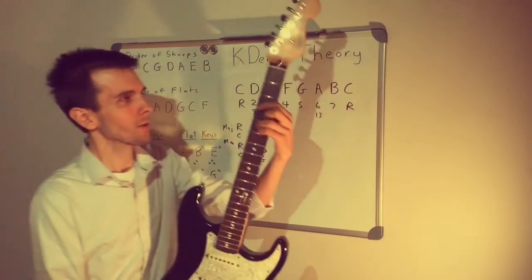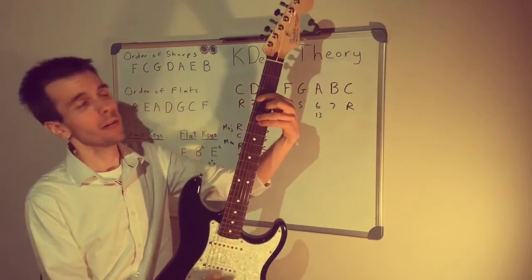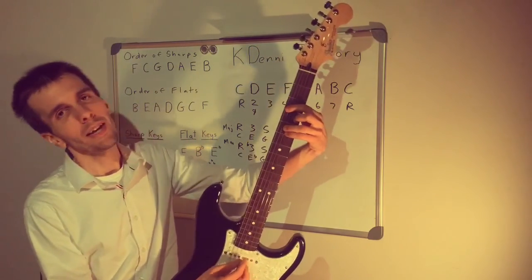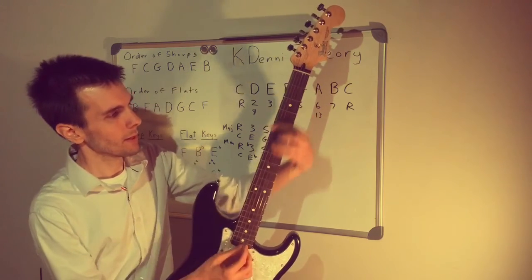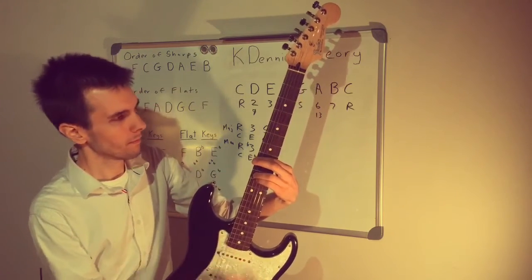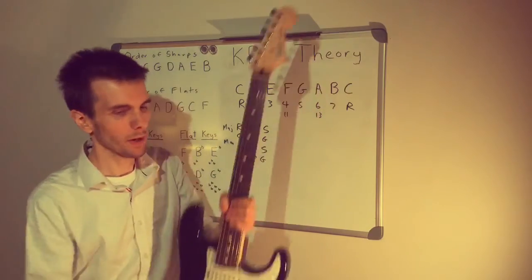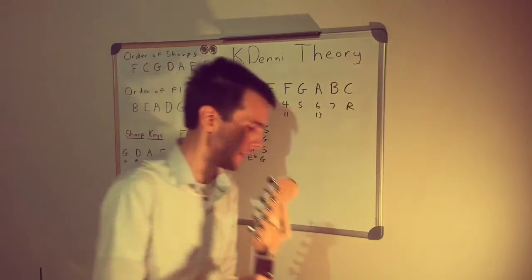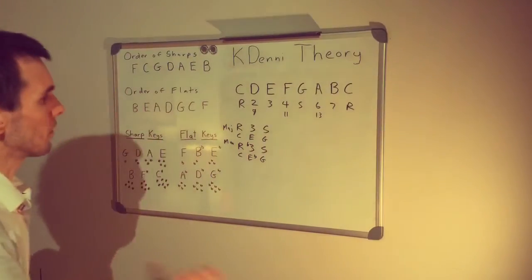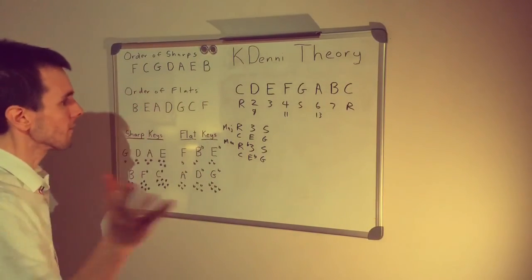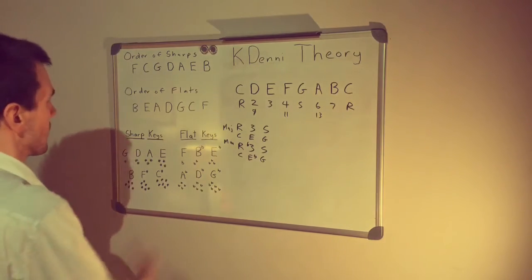Here's our C minor chord. Every note in this is either a C, an E flat, or a G. Same thing with this one. There are a ton of different ways that you can play these chords because there are multiple places where you could play an E flat, C or G on the guitar.